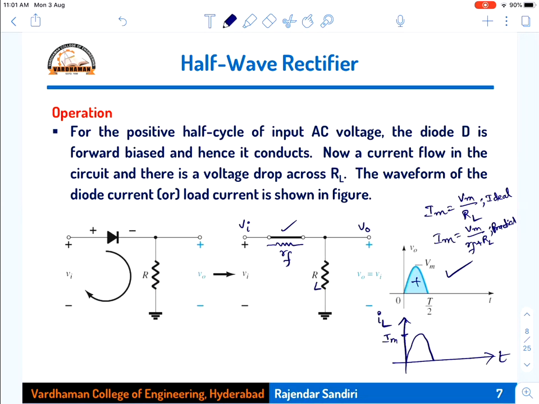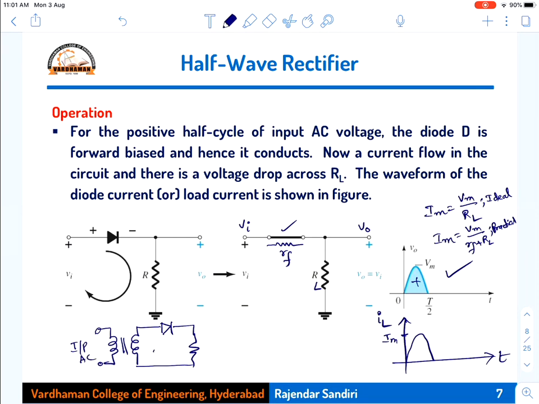Suppose you want to take the secondary winding resistance also. This is the secondary, this is the diode, this is your load resistance, and this is your primary winding. This is your input voltage, input AC.